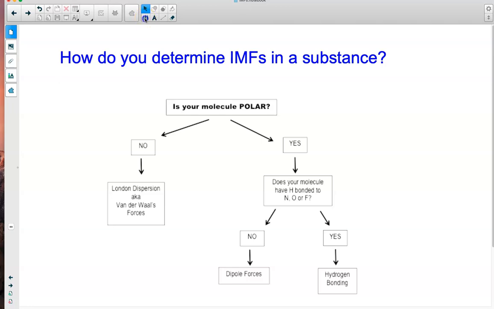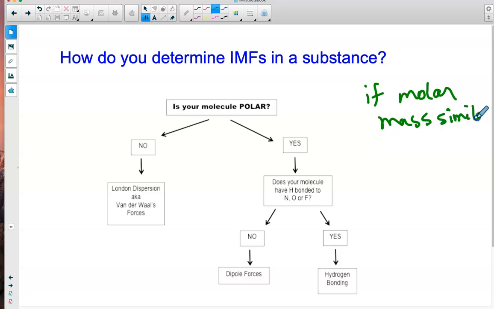If your molar masses are similar, the strength of IMFs goes as dispersion forces are less than dipole forces, which are less than H bonding.